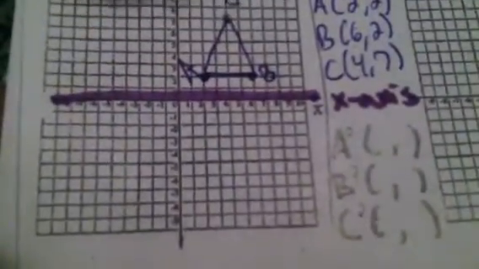All right, so let's figure out what new A is. Well, when you reflect a figure, you simply count how far away it is from the reflective line. Here's my line. A is 1, 2 away. So my reflected one is going to be 1, 2 away.